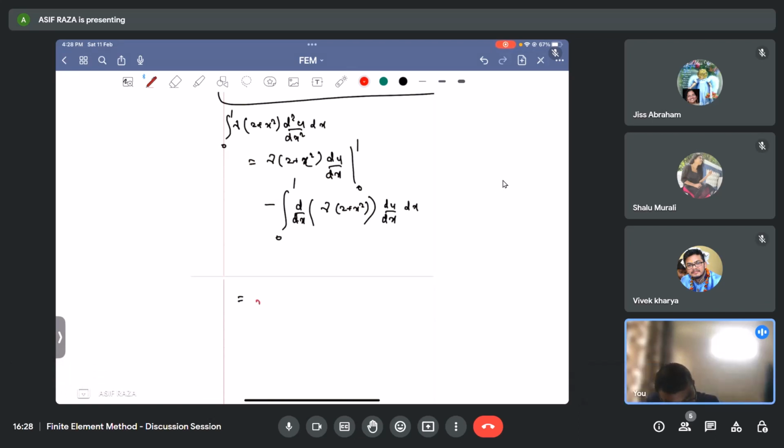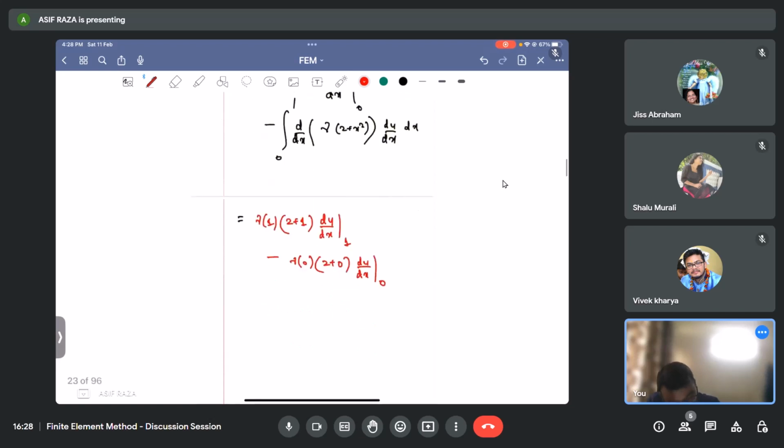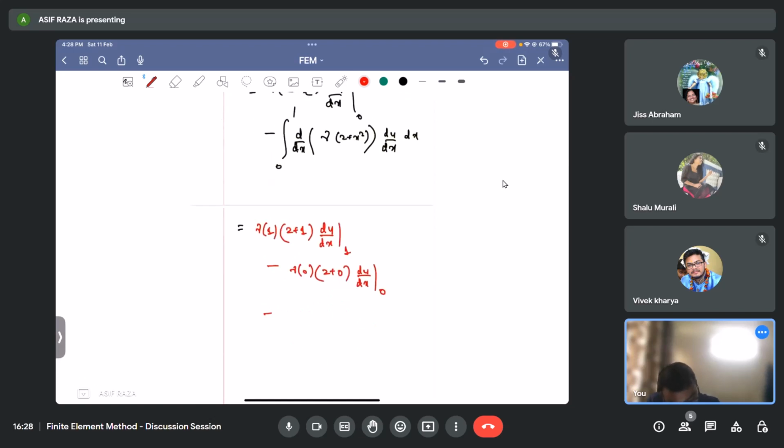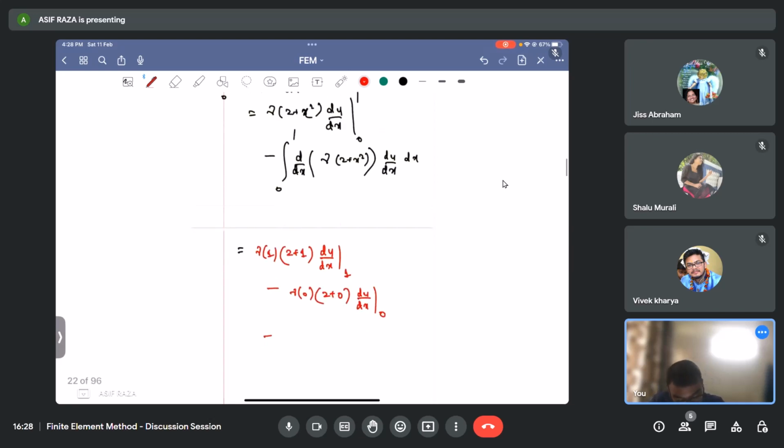So this can be nu at 1, 2 plus 1, du by dx at 1, minus nu at 0, 2 plus x, where x at 0 will give me 0, and du by dx at 0, minus 0 to 1 d by dx.